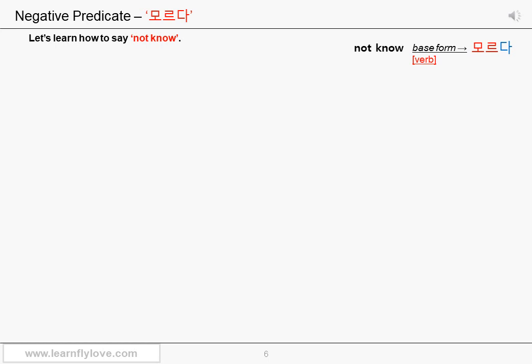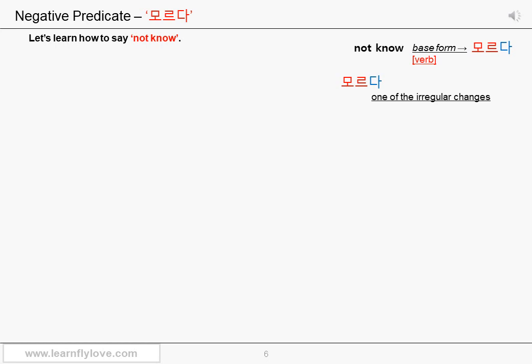The stem is 모르, but where you add the ending 아요 or 어요, the stem 모르 part changes a little bit. This is one of the irregular changes. You're going to learn about irregular changes in verbs and adjectives more specifically in the future lessons. So just briefly taste it and move on.